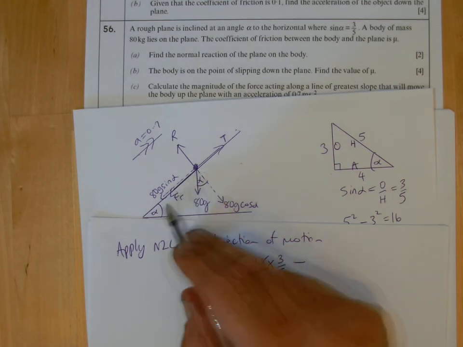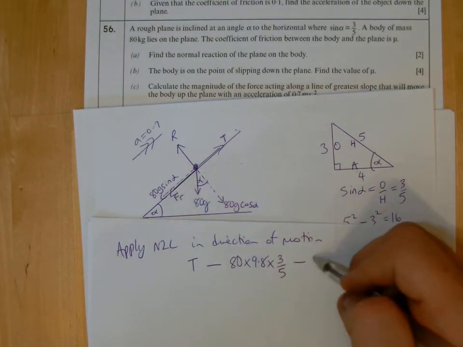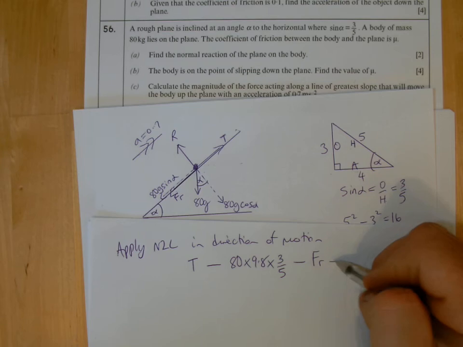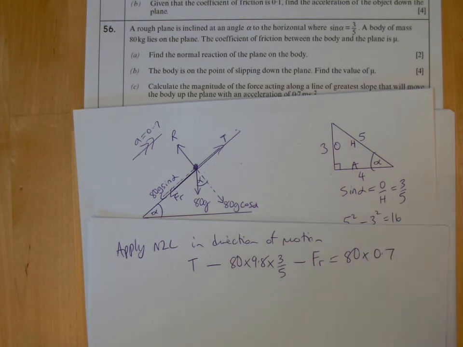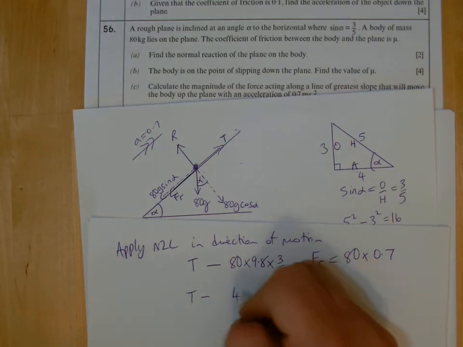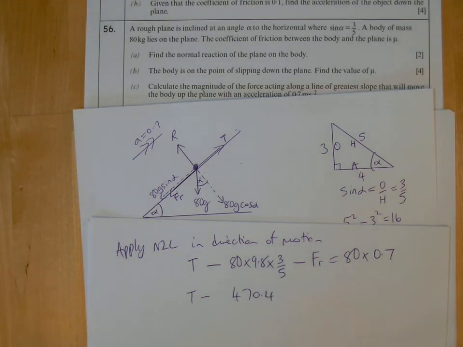These two are opposing it, so that will equal the mass, which is 80, times the acceleration, which is 0.7. We can work out 80 times 9.8 times 3/5, and we get 470.4, as we had earlier on.